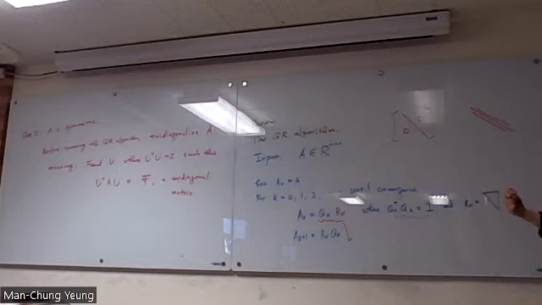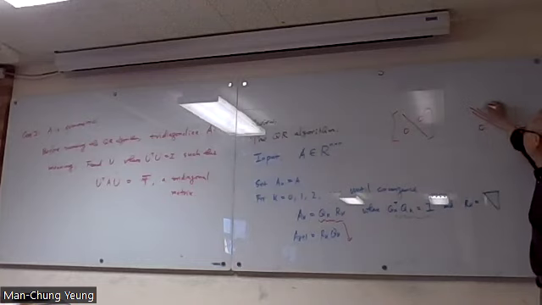Entries on these three diagonals may or may not be zero, I don't know. But all other entries must be zero. This is a tri-diagonal matrix.